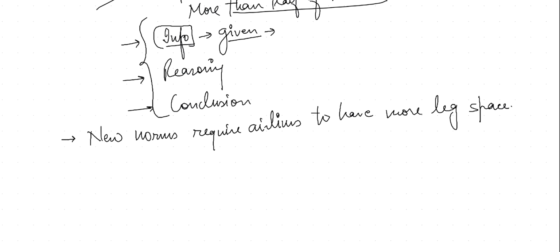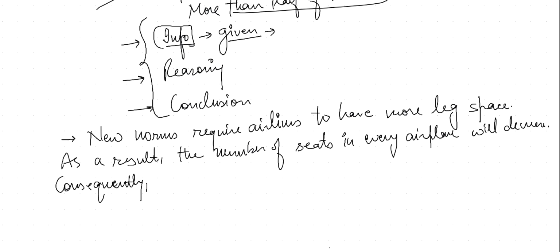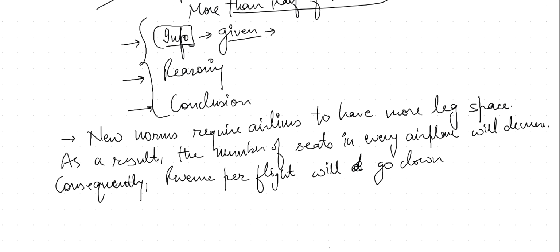As a result, the number of seats in every airplane will decrease. Consequently, revenue per flight will go down, will decrease. So these are like three lines. This is the entire argument.